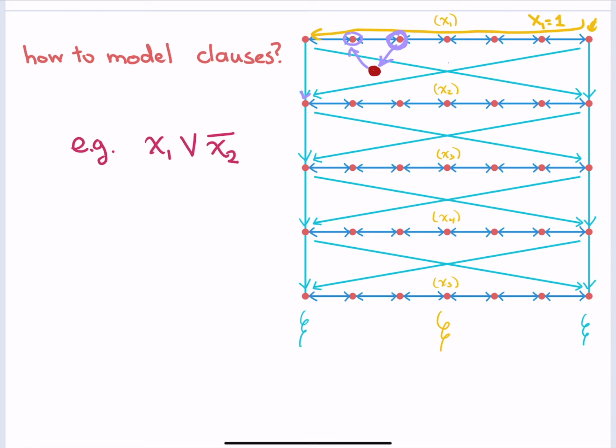Now if I'm going from right to left, I can easily just dip down and get back on the path and detour. Right? And then the same thing down below would be something like this. So if I'm going in the x2 equals false direction, I can just quickly detour, visit that vertex, and get back onto the path where I left off. Okay, so that's another idea, and that's nice and simple. It still keeps you within the logic, and I can do that for all the clauses.